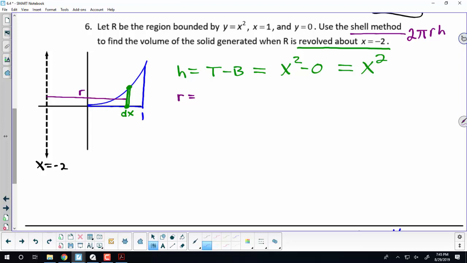If we're measuring the length of this horizontal piece right here, then it's just the right minus the left. This is some x value, and this is -2. So it's right minus left, and our radius is just x plus 2.